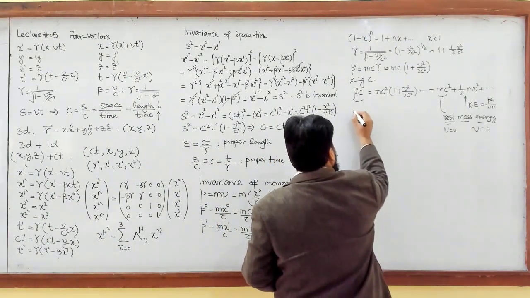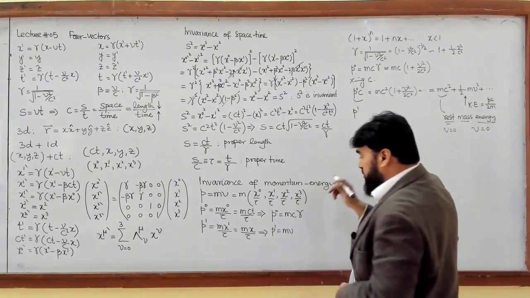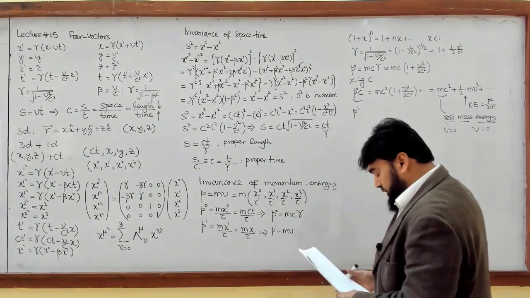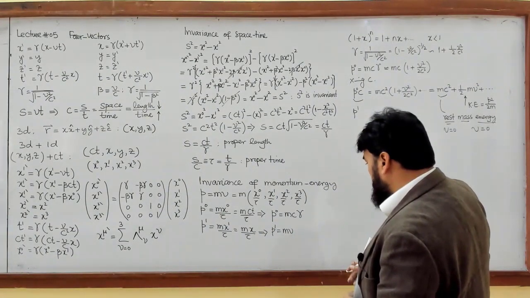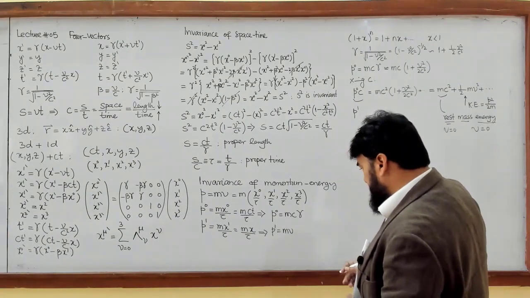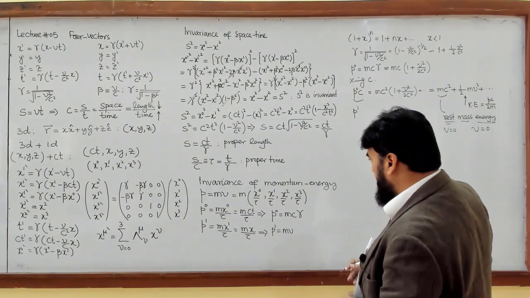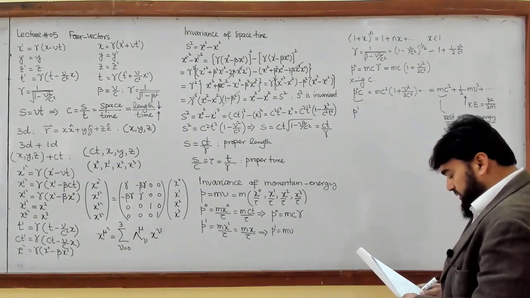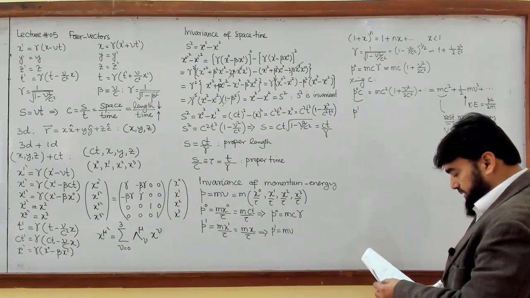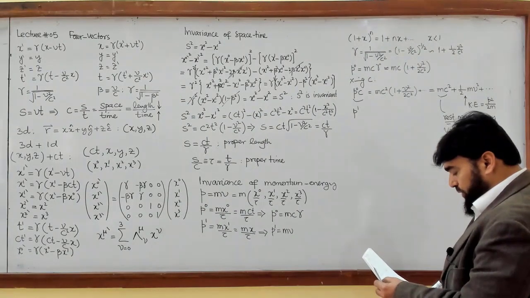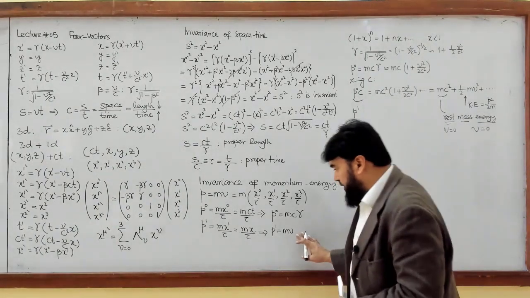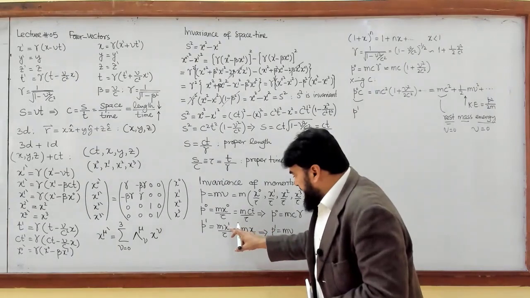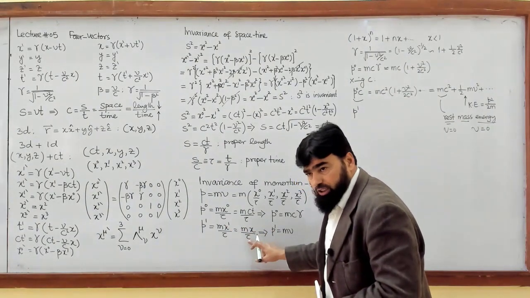the P1, and P1 was equal to m times v, right? P1 was equal to, I have written here P prime, okay? So it is v here, mv over x1. Here I will have to make one correction. This is x and this is t.